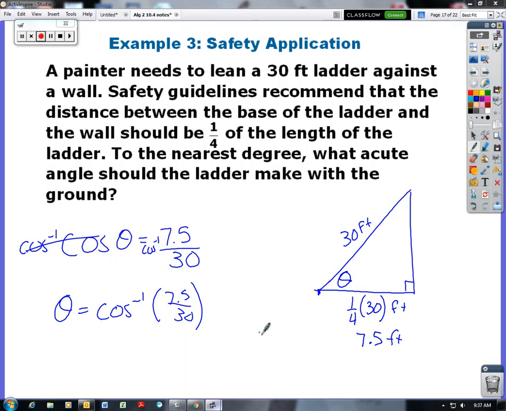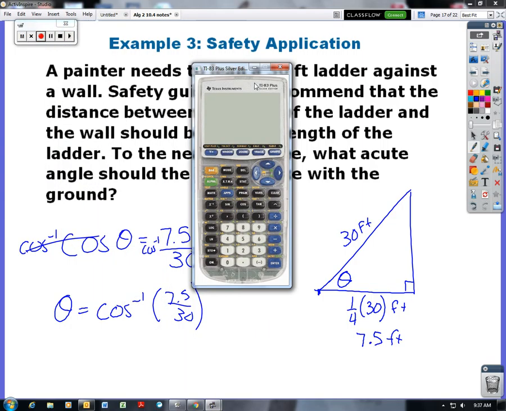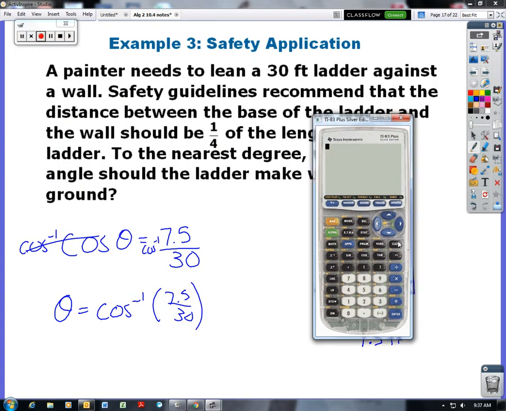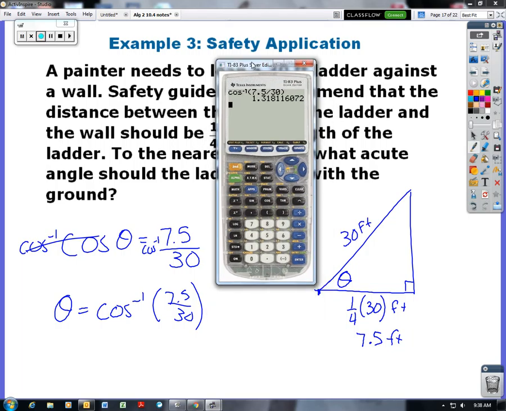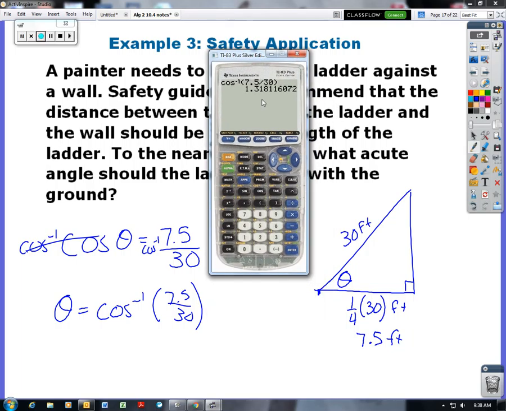We go to our calculator, and we do second cosine, that's inverse cosine, 7.5 divided by 30. Enter. Oh, I get 1.318. What do you think about that? Well, if that seems a little strange, it's because this is in radian mode, isn't it?